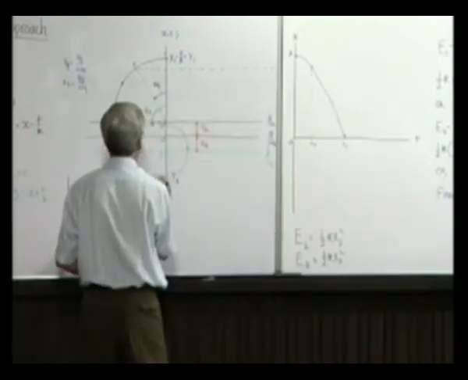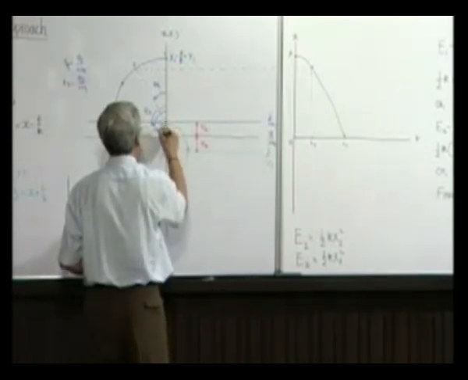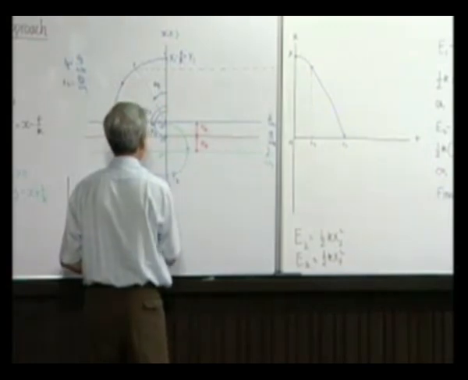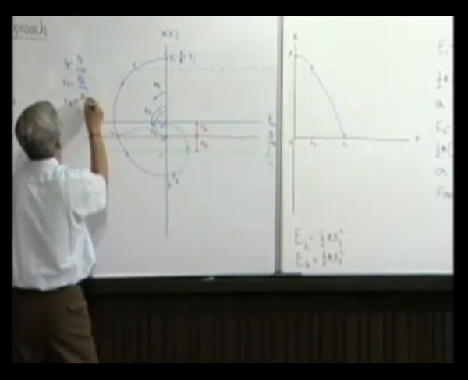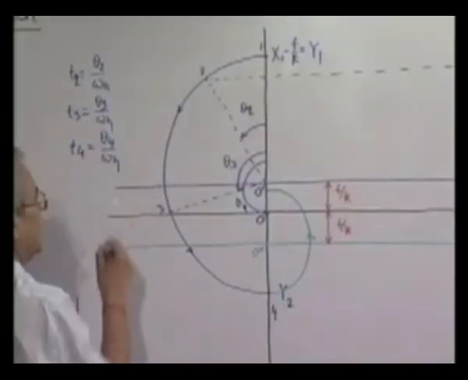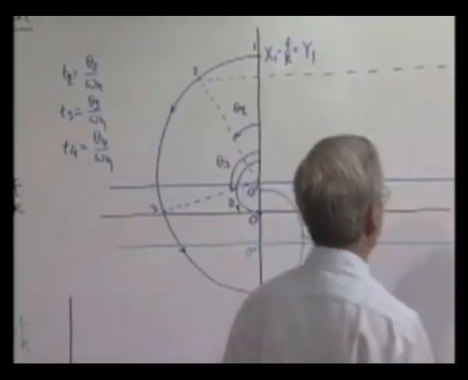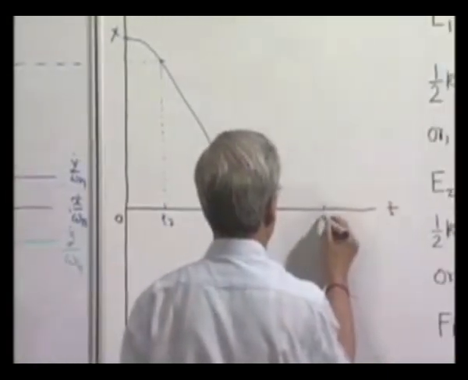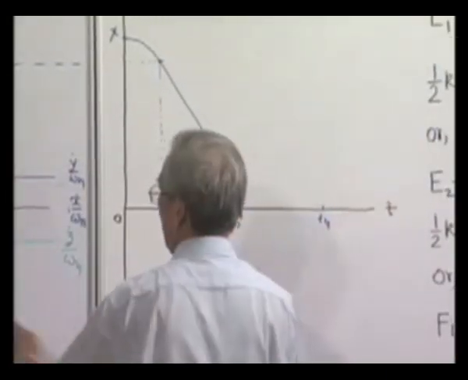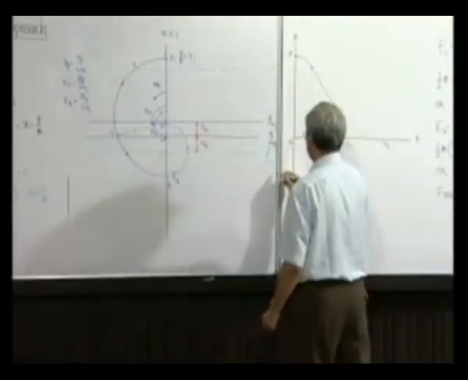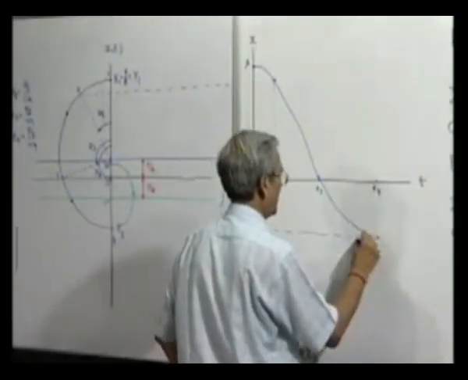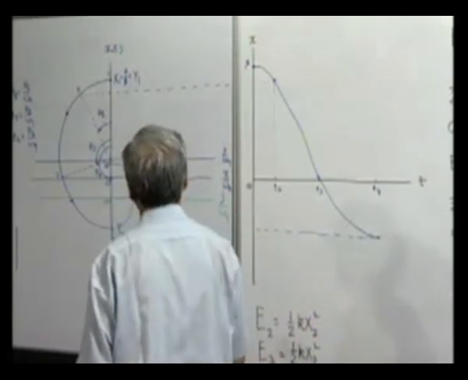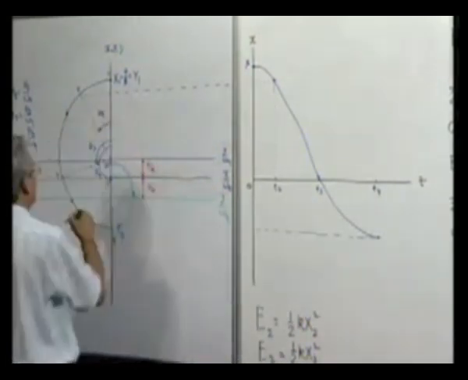Then next, let us go directly to this, that is theta 4, and this is the fourth point, and T4 will be equal to theta 4 by omega n, and that will be something here. And here we have gone to the other extreme end. So first half cycle we have plotted will be like this.